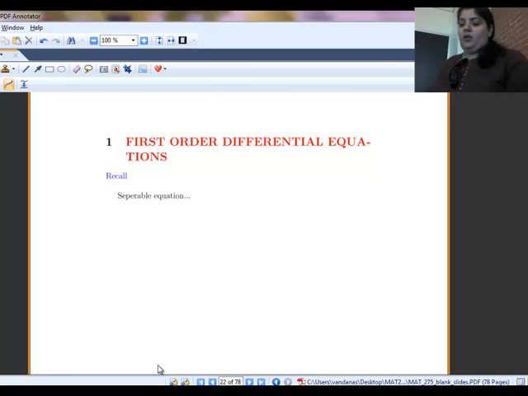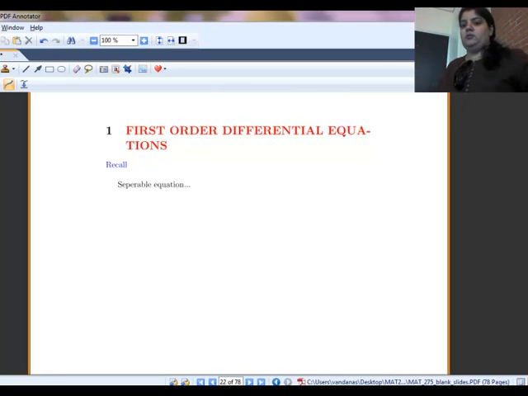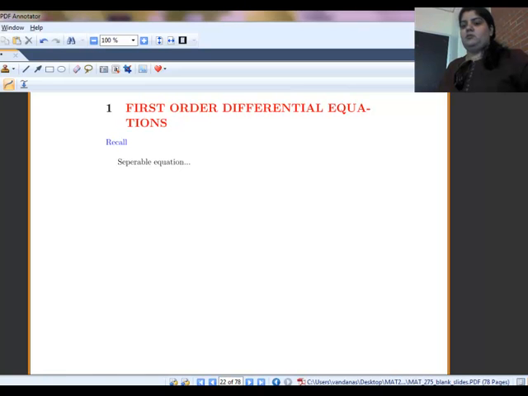So in all these differential equations, what is the point which you see in common? A differential equation will never contain what? A differential equation will never contain constants.